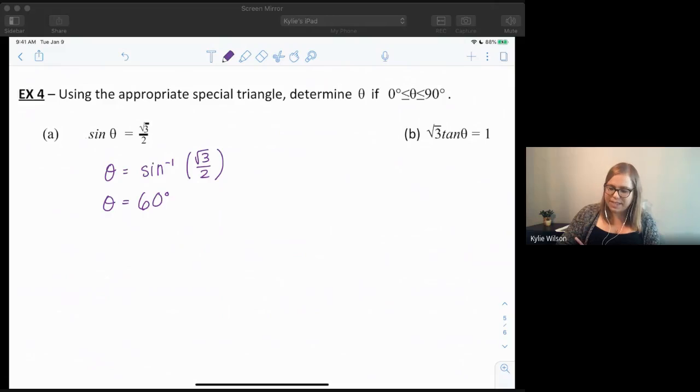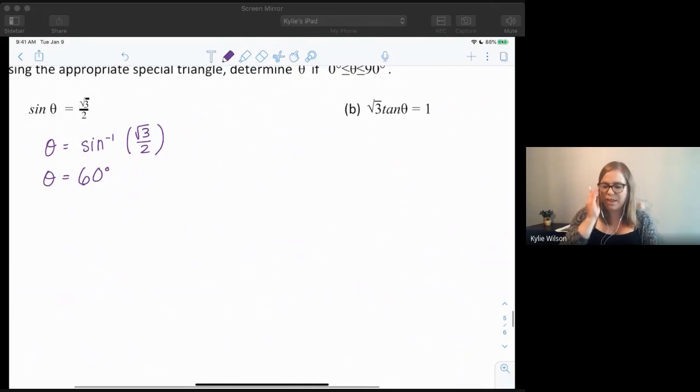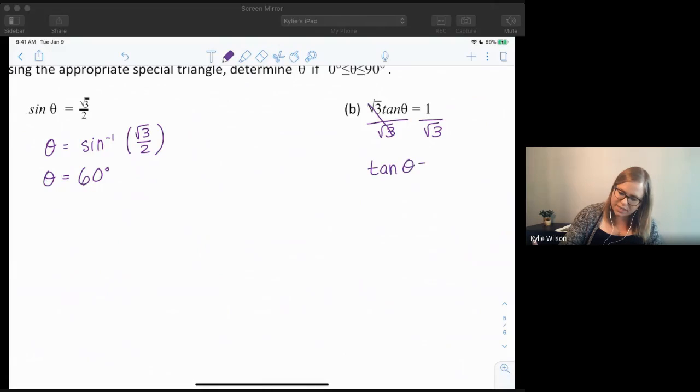Okay, let's try another one because I think that these ones are a little trickier. For B, we have root 3 tan theta equals 1. So we have root 3 multiplied by tan theta equals 1. So what we're going to do is try to get tan theta all by itself to get started. So I'm going to divide by root 3 on this side, divide by root 3 on this side. So we'll have tan theta equals 1 over root 3.